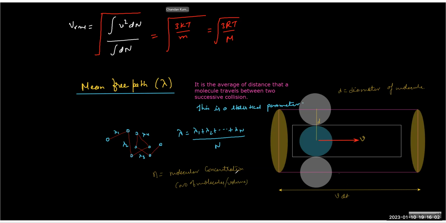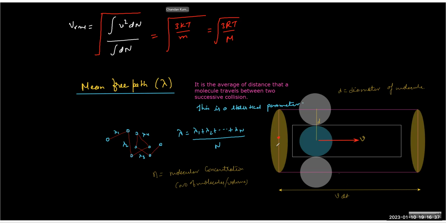Now tell me, how many molecules can you probably interact with in this motion, assuming that only I am moving and everything else is frozen, like a statue? Everyone is static and only I am moving. So what is the count of molecules I am going to hit? The volume swept is how much?